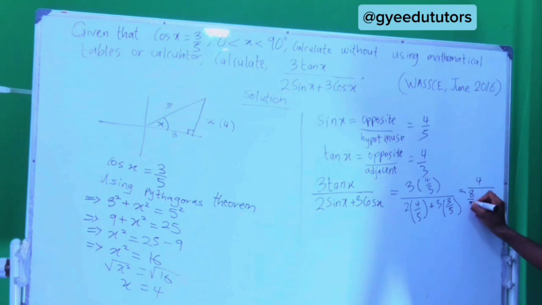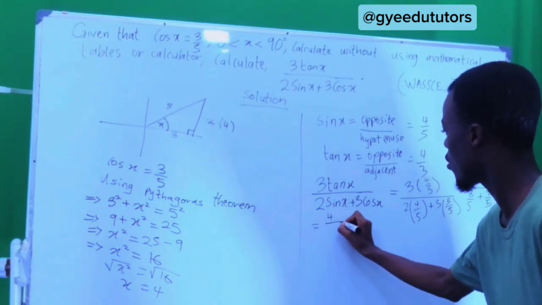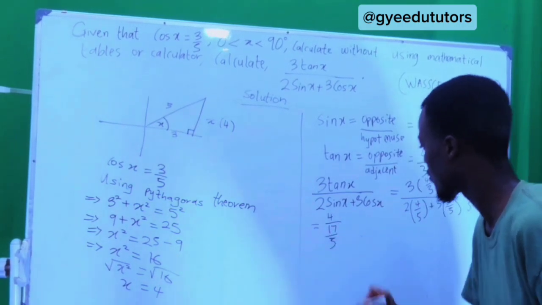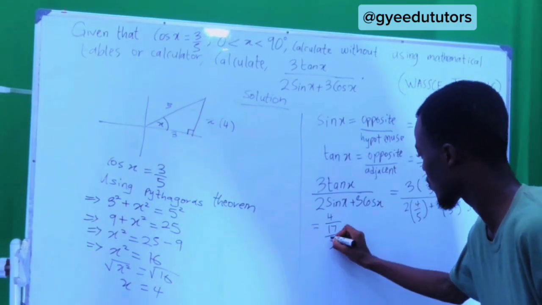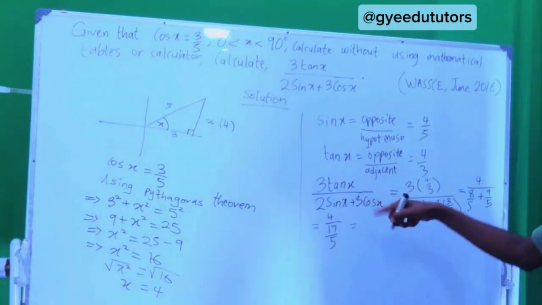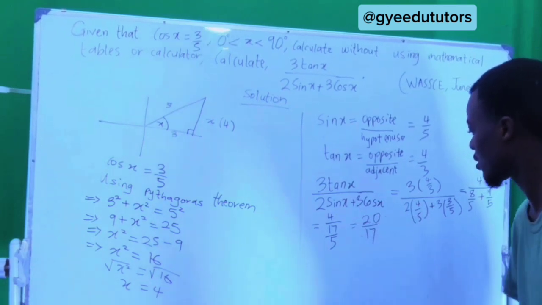8 over 5 plus 9 over 5. When you add this, you get 4 over 17 over 5. What is the same as, if you do the multiplication, 20 over 17.